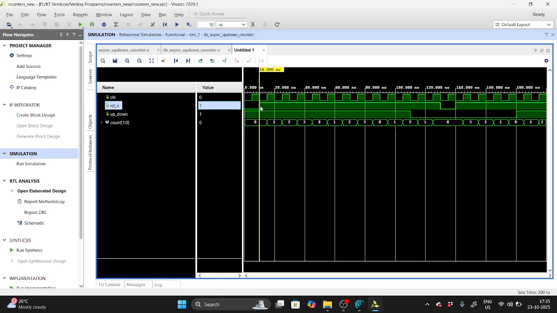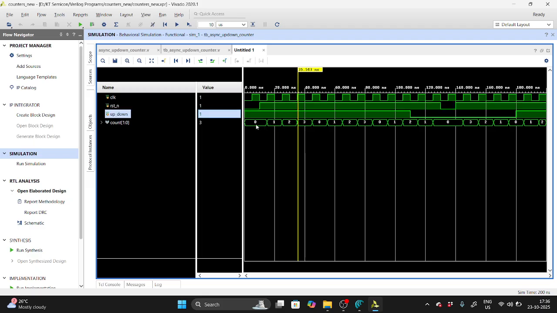When it is going from reset mode to functional mode, you are not getting the output immediately. You are getting the output only during the next clock edge. So that means reset removal is synchronous. During this clock edge only, the count is incrementing 0, 1, 2, and after that 3.